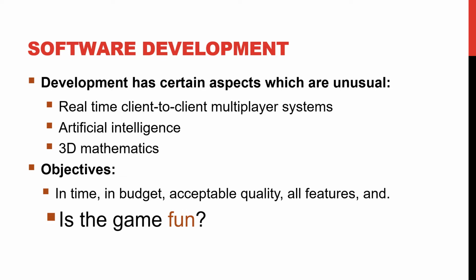Overall, there are also a couple of programming aspects that have emphasis. Client-to-client multiplayer systems, real-time multiplayer systems, or 3D mathematics are actually a fairly huge thing in game development. Also, artificial intelligence in a sense. The game AI design and programming work isn't a real artificial intelligence in most cases.